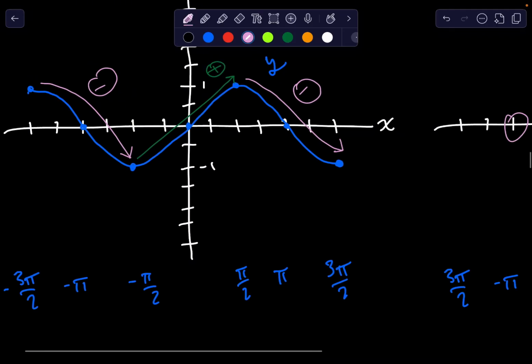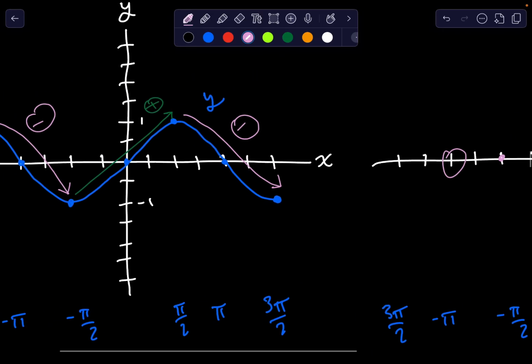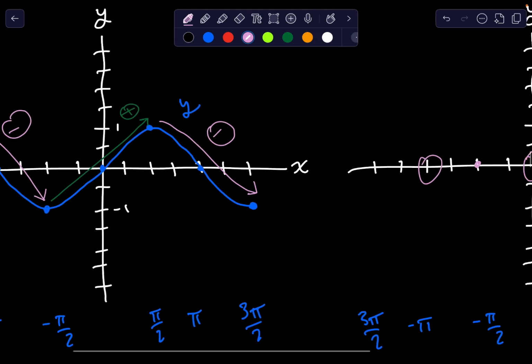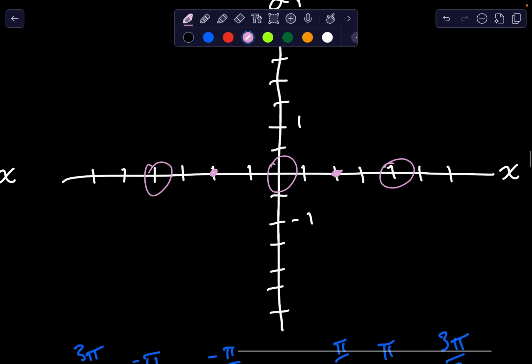So from negative pi over 2 to pi over 2, we're going to be concave up, or I'm sorry, let me take that back. Not necessarily concave up, but we are increasing. So we know on y prime, our derivative graph, we're going to be above the x-axis. So we can just draw it there. Boom.